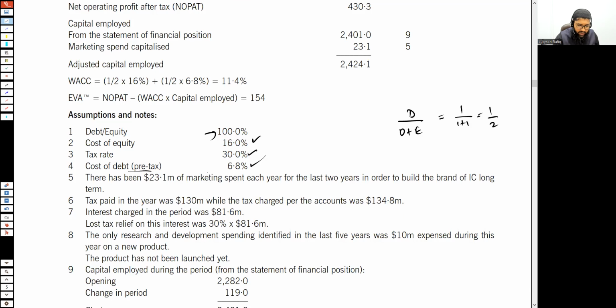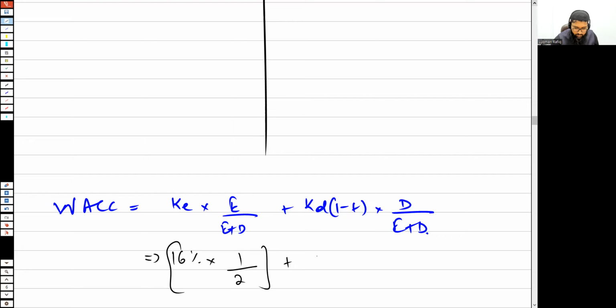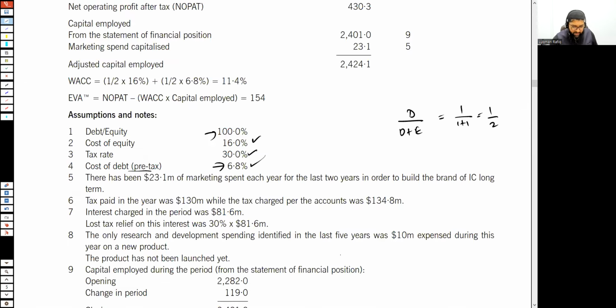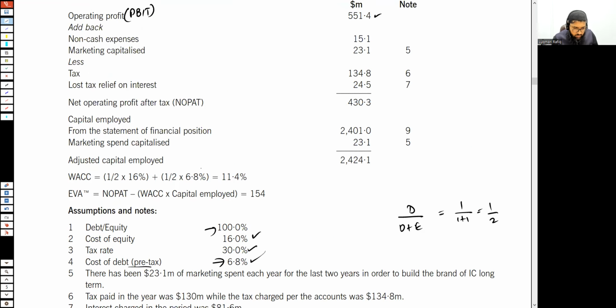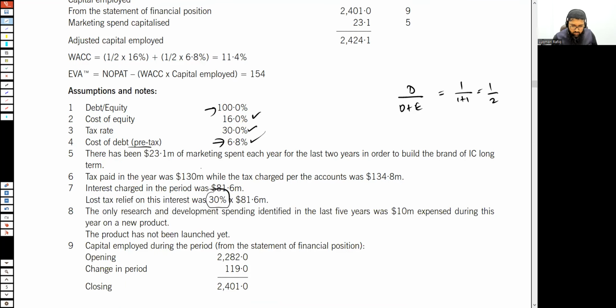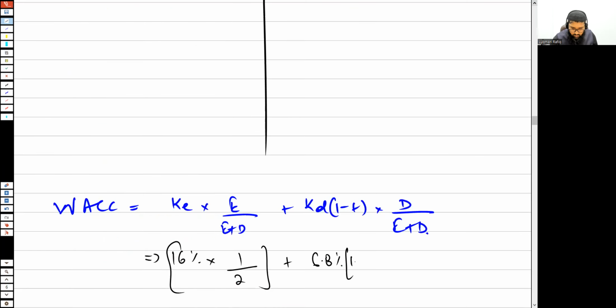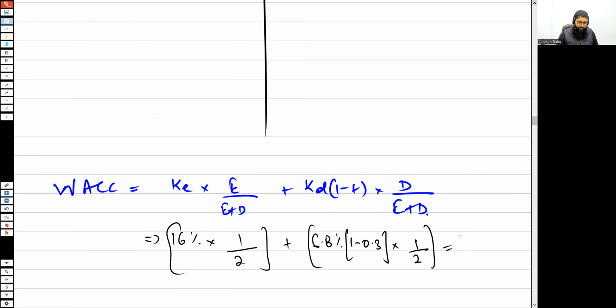KD is what? KD is 6.8%, but it has to be 1 minus T. Do you have a tax rate in here? Yes, we have been given the tax rate here of 30%. Hence, let's try to see.